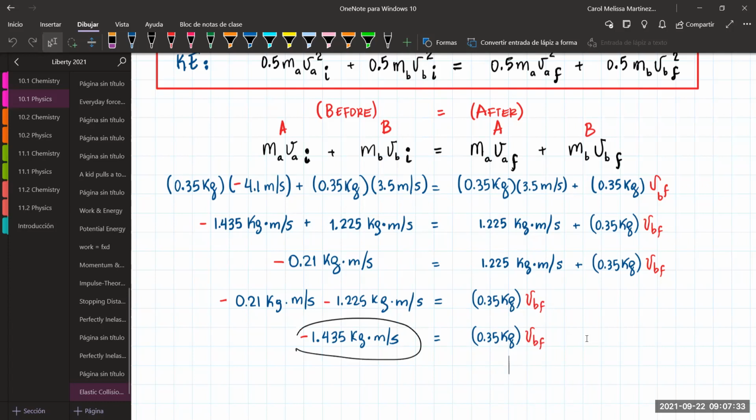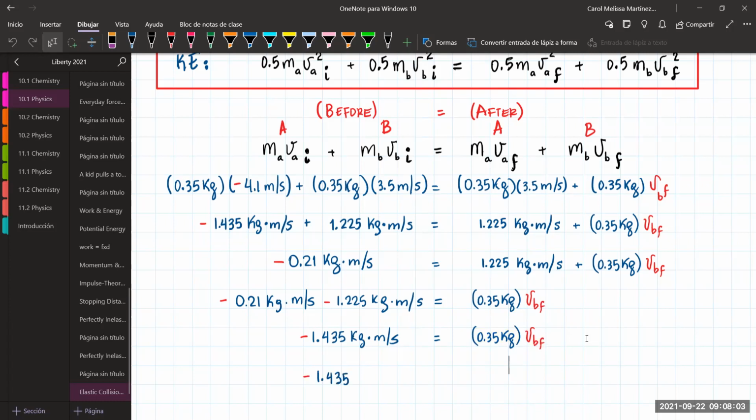What matters is that the isolation process is the right one. Now, this term right here is multiplying my unknown, okay? So to isolate it, all I need to do is, if it is multiplying, when you move it to the other side, it will be dividing. So that is exactly what I'm going to do. I'm going to send it to divide.